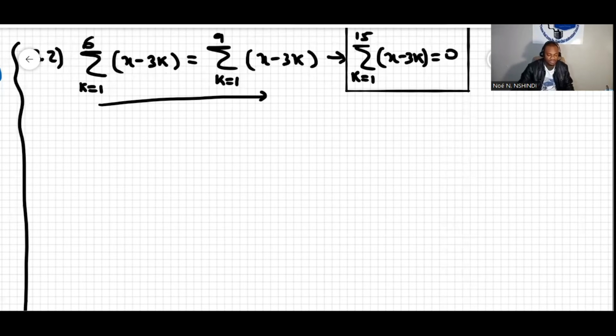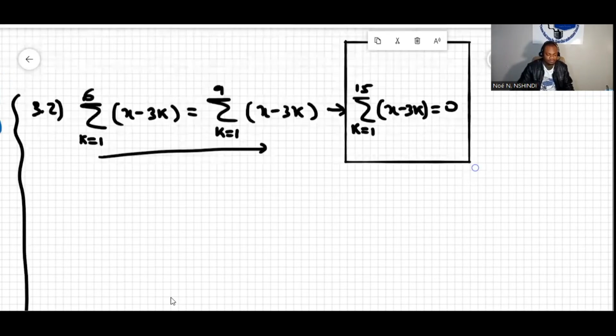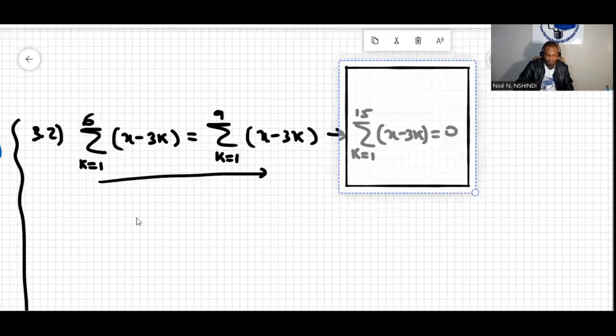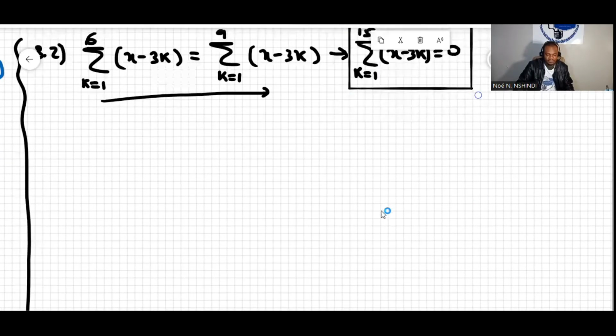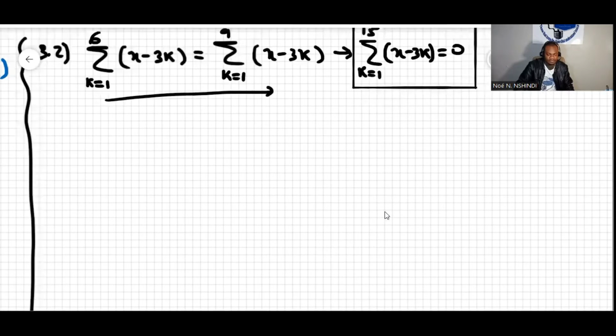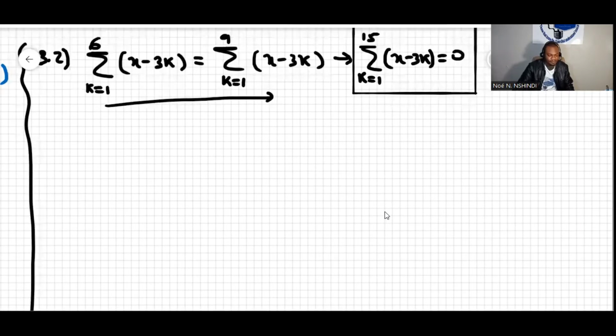Now we know that Sn for an arithmetic sequence is given by n over 2, okay, 2a plus n minus 1 times d.